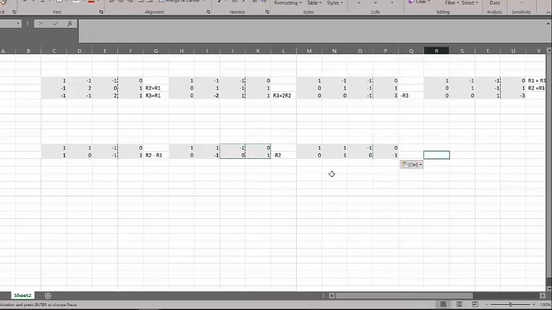Okay, so we've got a 1 here, a 1 here, 0 there, so we want this to be 0. So we replace that with row 1 minus row 2. And when we do this, we get the following. Oh, hit the wrong key. There we go.